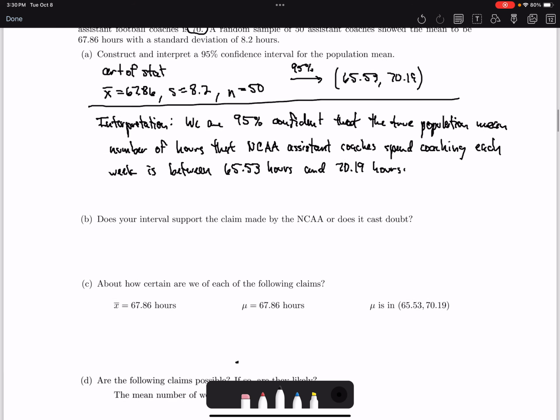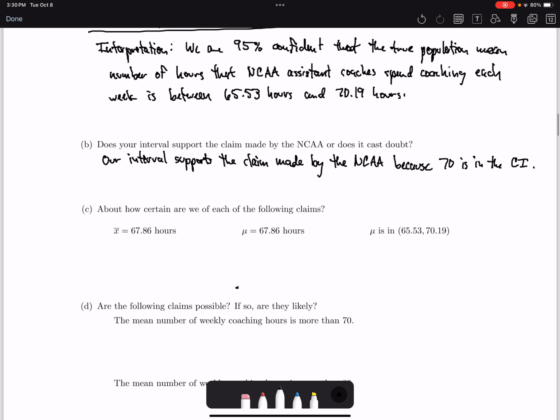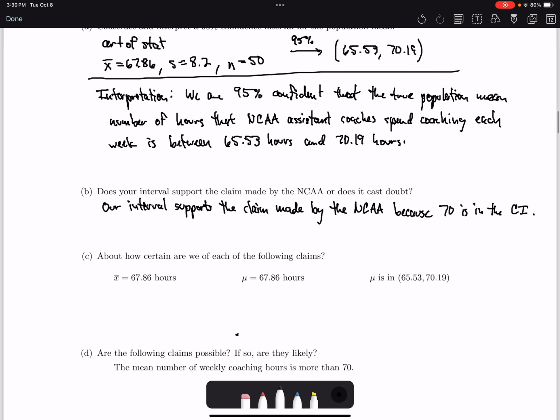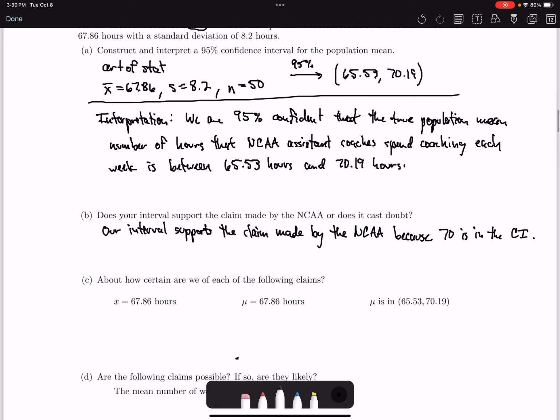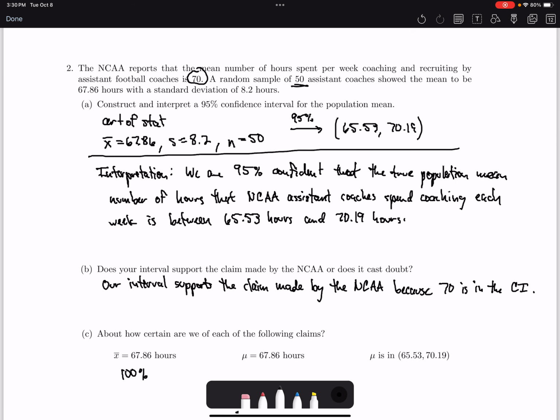Okay, similar set of questions now about this interval as in question 1. How certain are we of each of the following claims? First claim is that the sample mean is equal to 67.86 hours. Well, we're 100% certain of that, right? We know that in this particular sample of 50 assistant coaches, the sample mean was 67.86 hours.